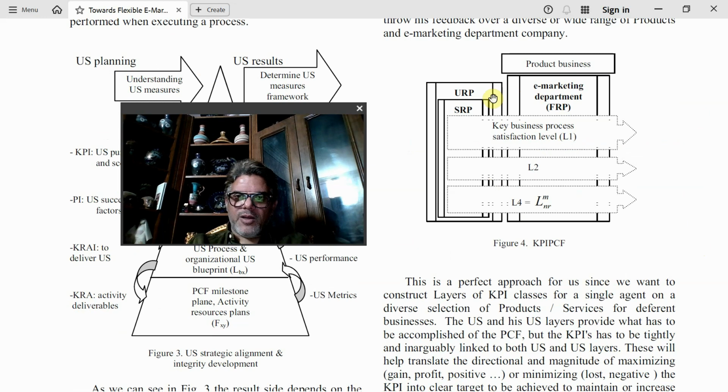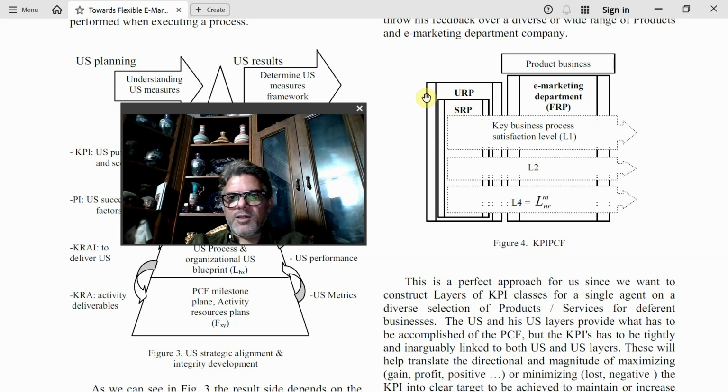Now we have here the user requirements profile and the satisfaction performance profile. So this is pure strategic to operational. And then we have our 6 levels.